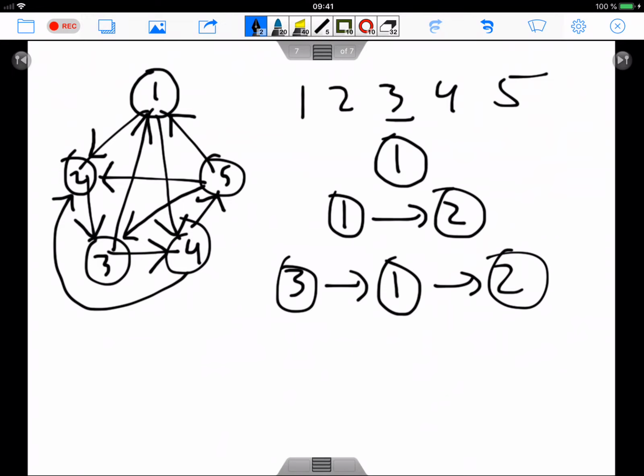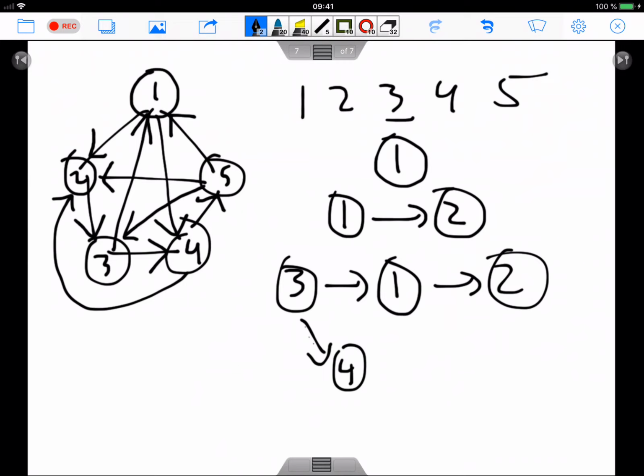Now we try to insert 4. And we check whether we can insert 4 before 3. For that, we would need an arrow that goes from 4 to 3, but the arrow goes in the other direction. It goes from 3 to 4. So we try to insert it between 3 and 1. Okay, so we have an arrow that goes from 3 to 4, and we would need an arrow from 4 to 1.